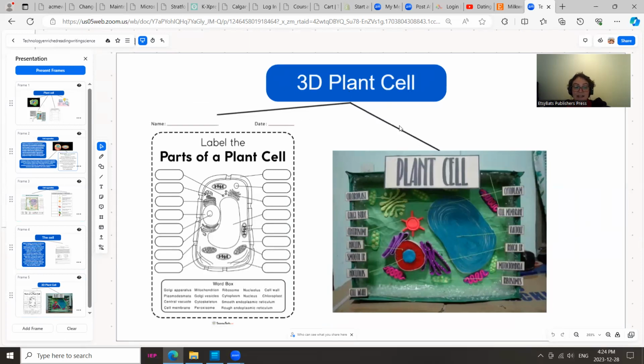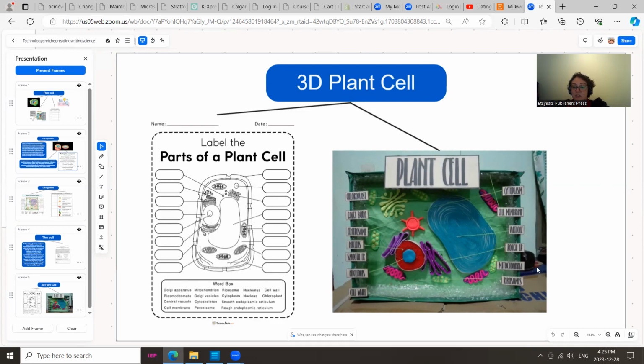The 3D plant cell. Students are required to label the parts of the plant cell. You'll see the word box or the word bank.